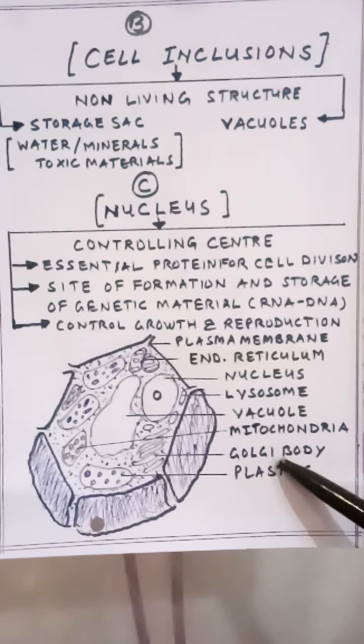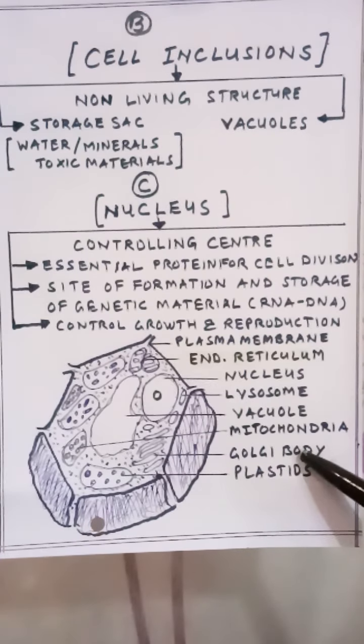Then Golgi body. I discussed yesterday that Golgi bodies are responsible for the transportation of material. They are responsible for storage and biosynthesis. After that, mitochondria, the powerhouse, the factory where ATP is formed. ATP will be supplied to the various parts for getting the functions performed, because they require power, they require energy.